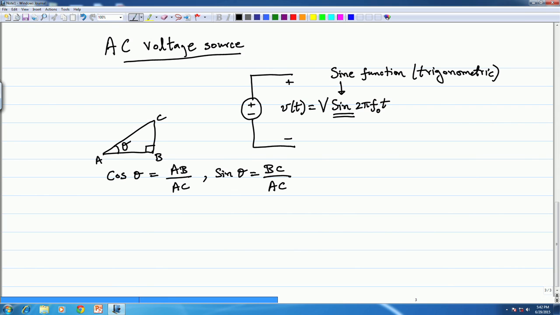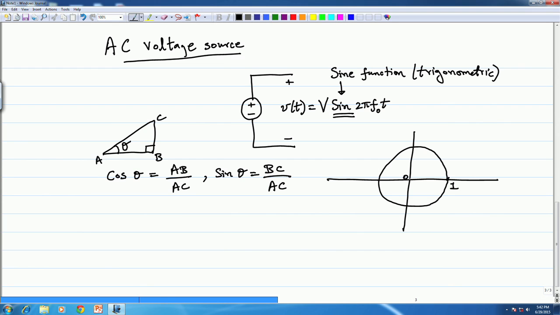This is your basic trigonometry, but for the purposes of this class, it helps to think of the sine and cosine in the two dimensional plane and to think of the unit circle on it. So, here is the two dimensional plane and here is the unit circle. I am not drawing it very perfectly, but you can imagine that this is a unit circle, meaning that the radius of the circle is 1.